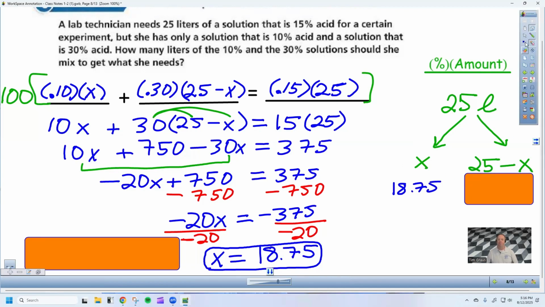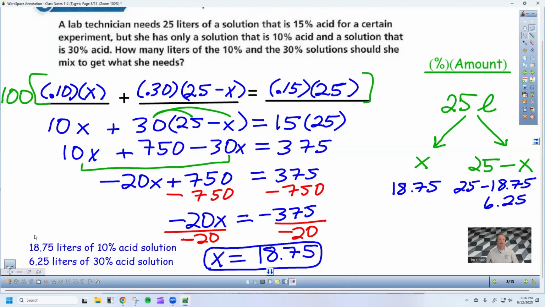Remember, she's splitting that 25 liters into X and 25 minus X. 18.75 taken away from 25. So 25 minus 18.75 comes out to 6.25. So our final conclusion is that she is going to need 18.75 liters of the 10% acid solution and 6.25 liters of the 30% acid solution.